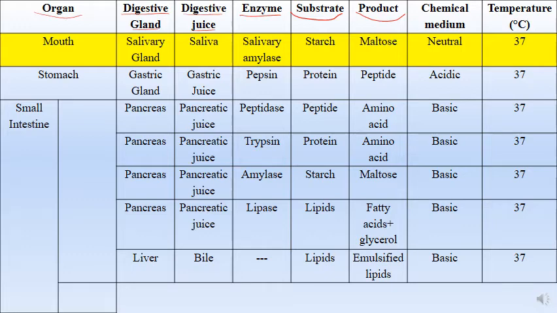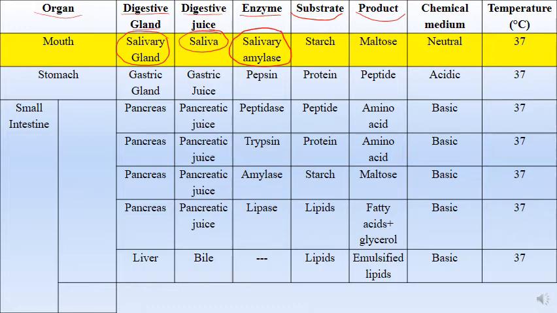So we have the mouth. In the mouth, we have a special gland called the salivary gland. It secretes saliva. The saliva contains a special enzyme called salivary amylase.